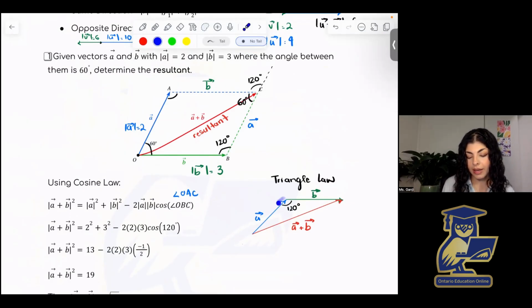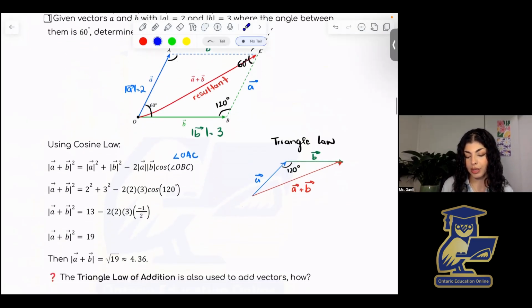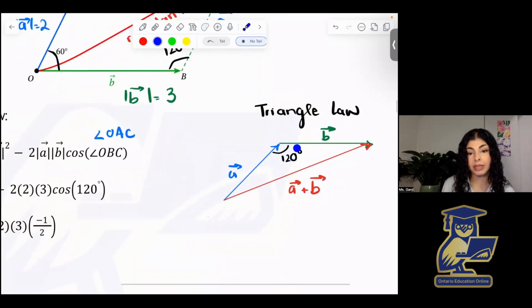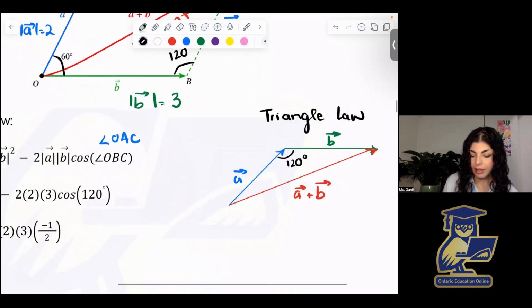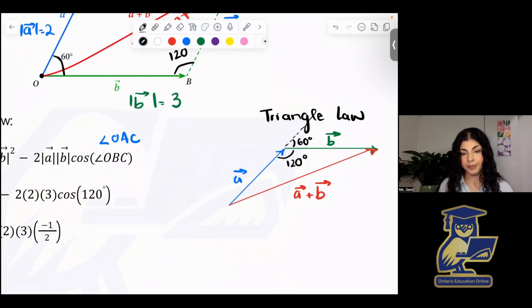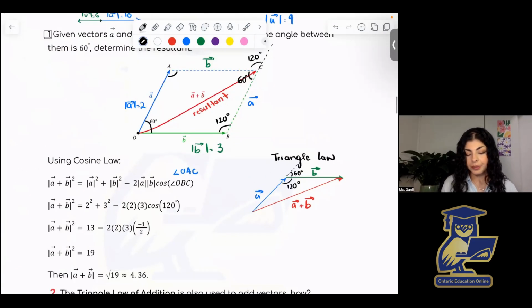Not necessarily here. And I'm sure you can see that that's an obtuse angle. It cannot be 60 degrees anyways. But if we had here extended, then this would be 60 degrees. And again, this is the idea of if A was moved up here, then you have that tail to tail.